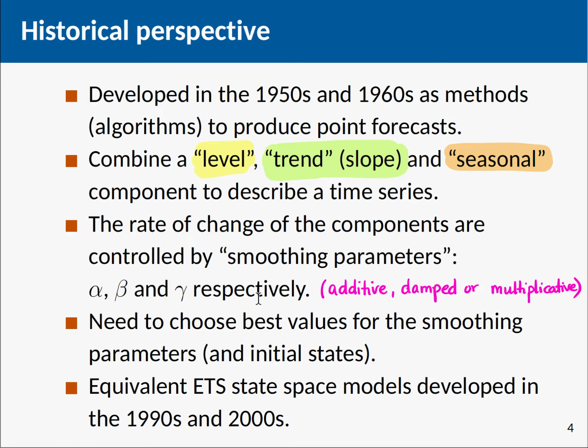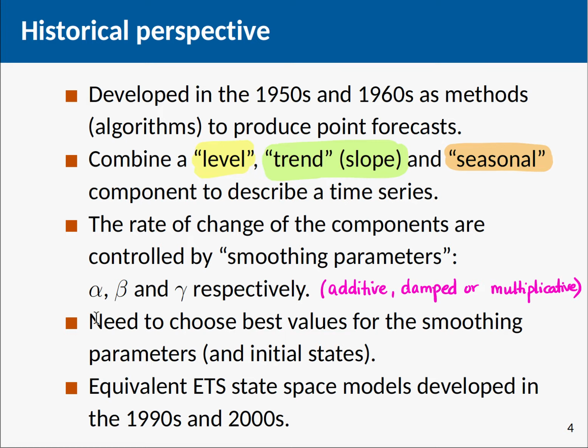So the selection of the methods is generally based on recognizing some of the underlying features of the trend and seasonal components and the ways in which these would enter the smoothing methods that we are interested in. So these can be additive, damped, or multiplicative, and we'll see what all of this means in just a little bit.